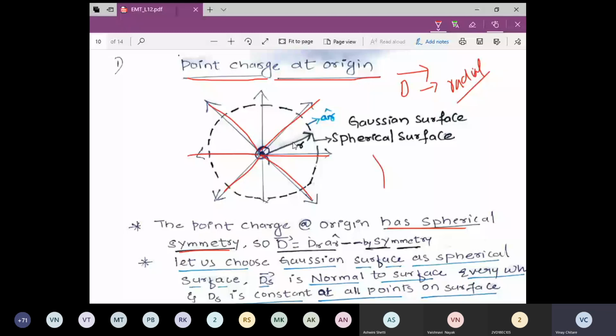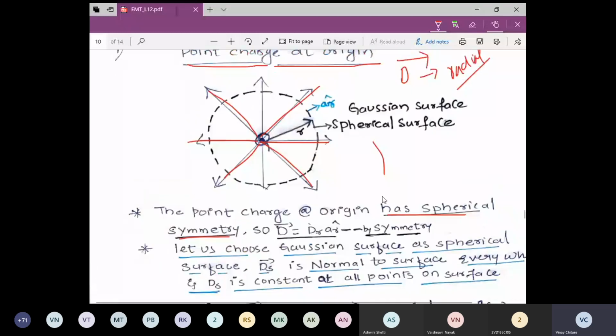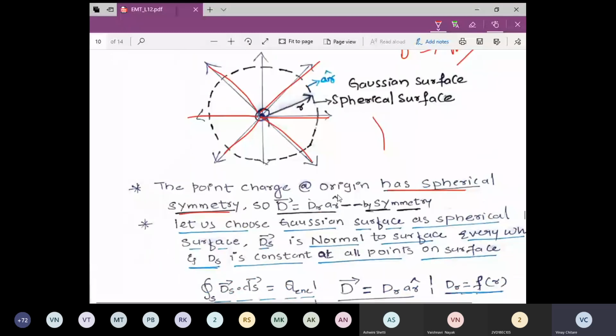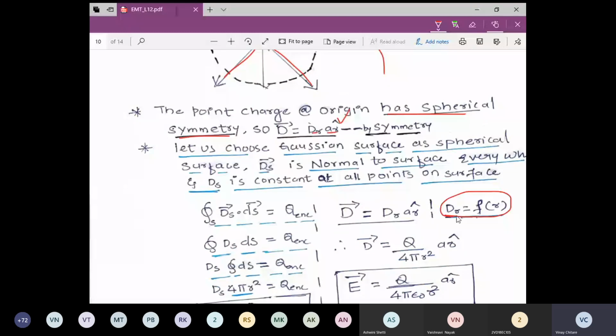If that is the case, it means that the flux density D has only one component, the R component, that is D_r a_r hat, and D_r is a function of r alone.